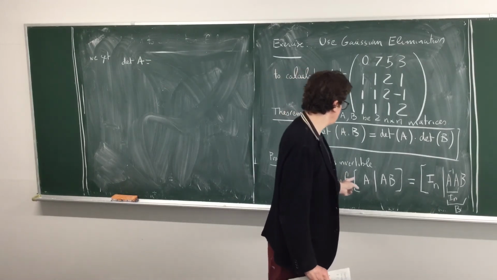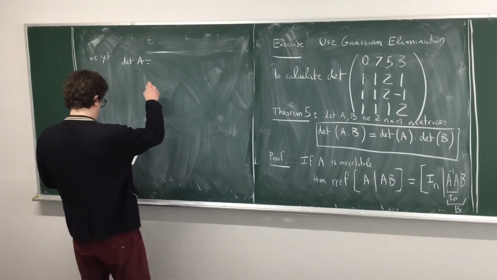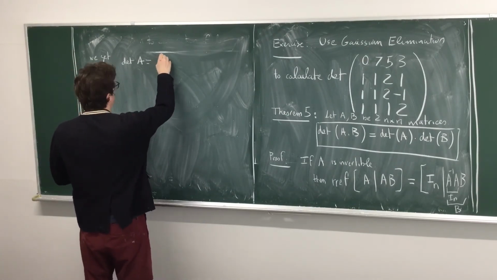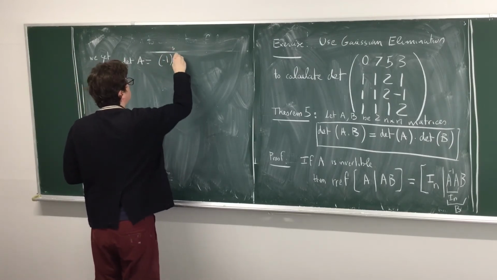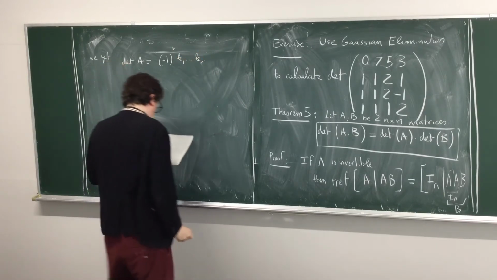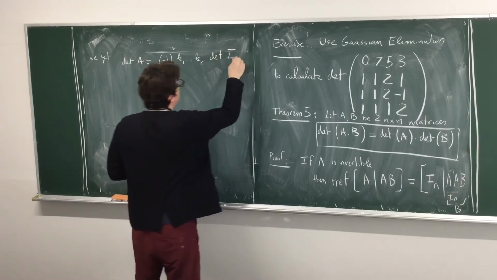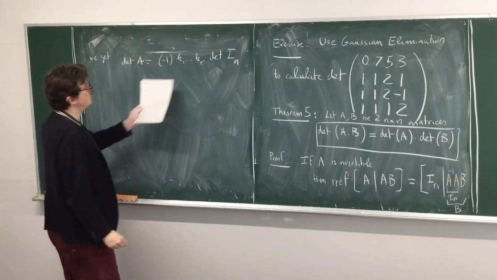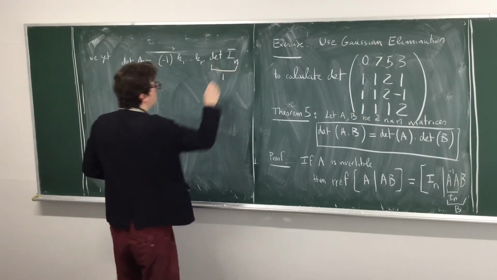It tells us that the determinant of A is equal to, let's say, (-1) to the power of the number of swappings, then we have used this constant, and then we get the identity, right? Because it was invertible. So this is our RREF form. The determinant of the identity is 1, right?